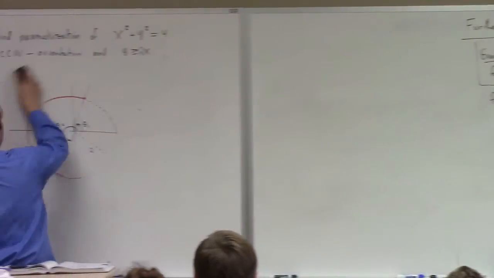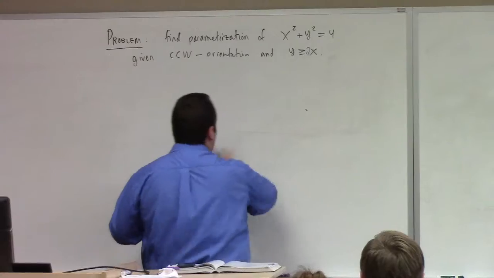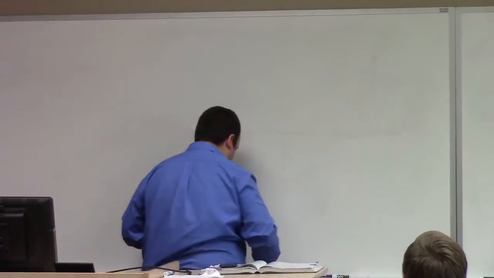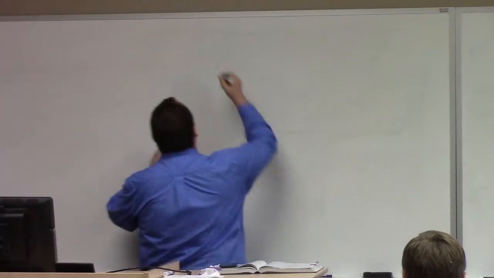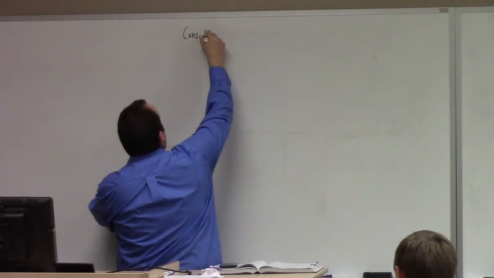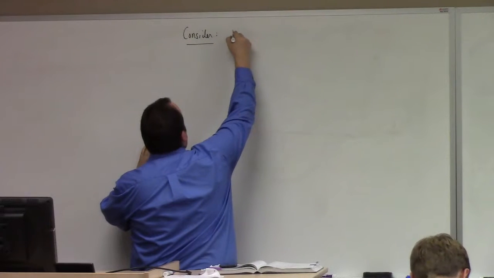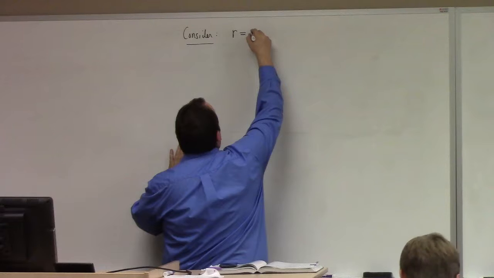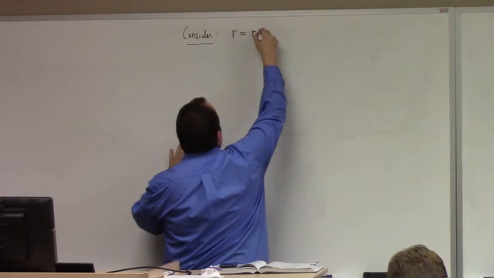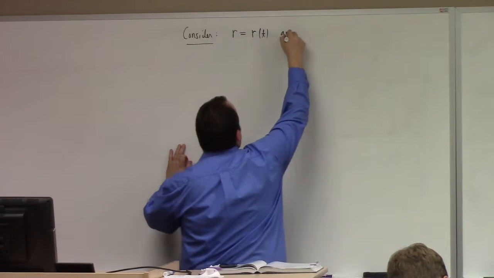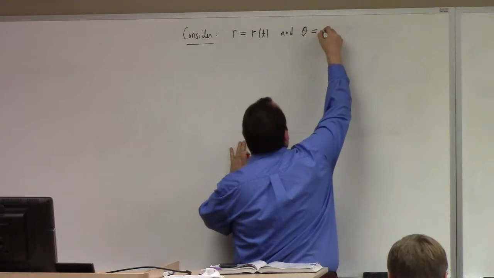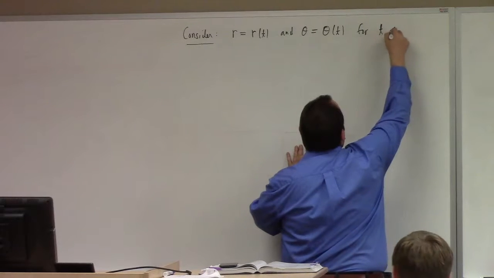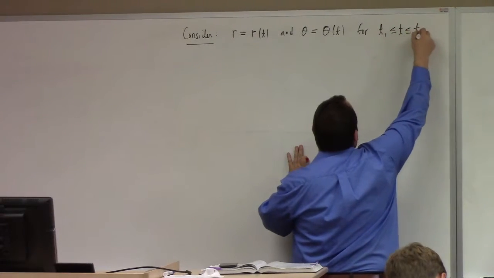So my starting point is I'm going to assume I have r as a function of time, theta is a function of time. So I've got some parameterized polar curve. So I've got r is equal to, let's say, r of t, and theta is equal to some function of time as well, for t1 less than or equal to t less than or equal to t2, all right?